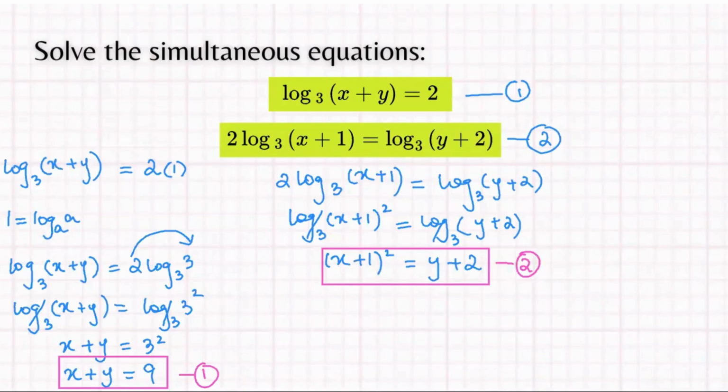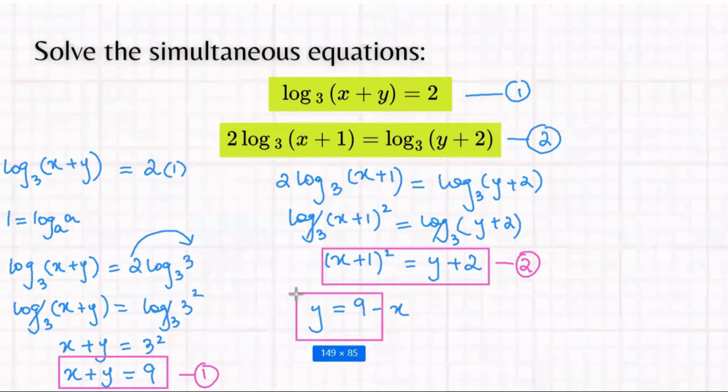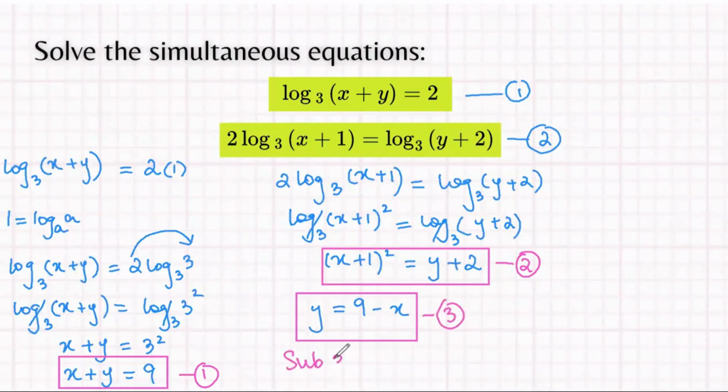Now we're going to use these equations to further solve the question and find the values of x and y. Using the first equation, we can make y the subject. So y equals 9 minus x. Let's call this the third equation. We're going to substitute the third equation in the second equation.